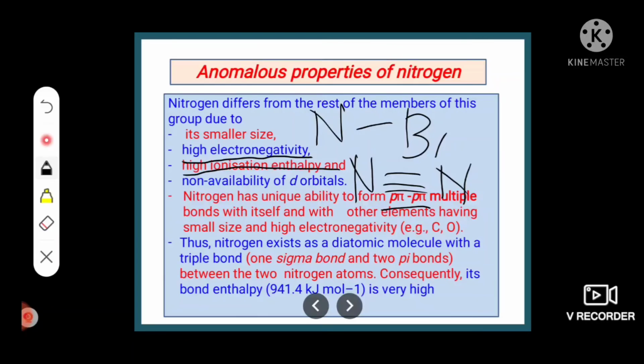Phosphorus, arsenic and antimony exist as tetraatomic tetrahedral molecules such as P4, As4, etc. This is a P4 molecule.